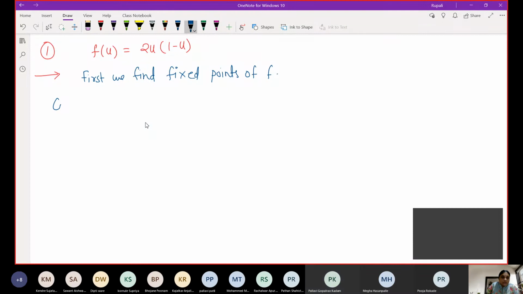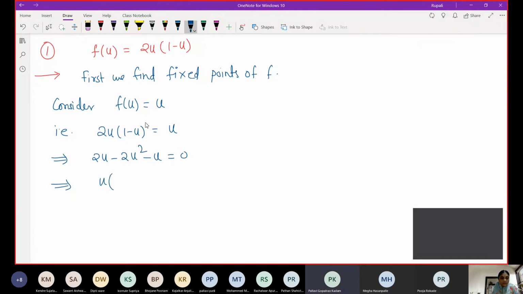So consider f of u equal to u, that is 2u times 1 minus u equal to u. This implies 2u minus 2u square minus u is equal to 0. This implies u times 1 minus 2u is equal to 0.